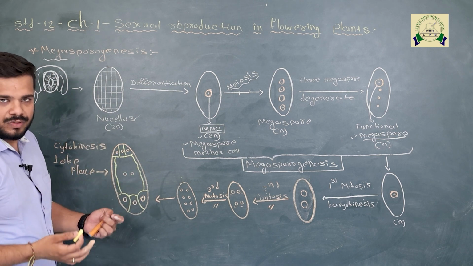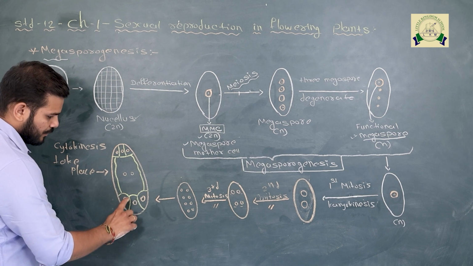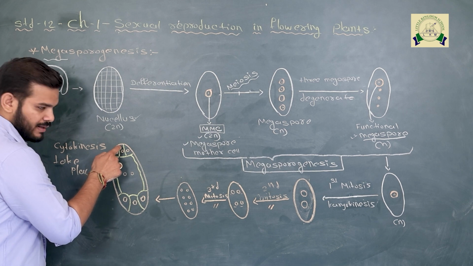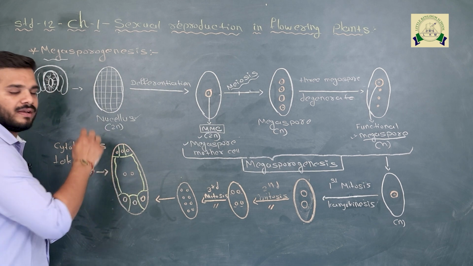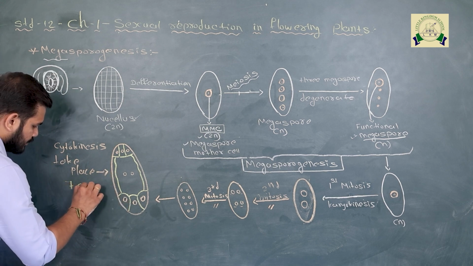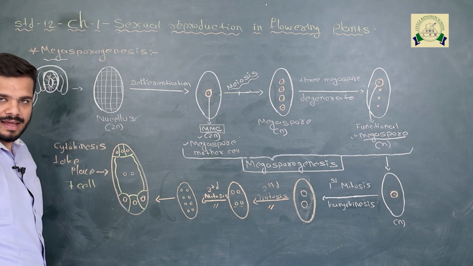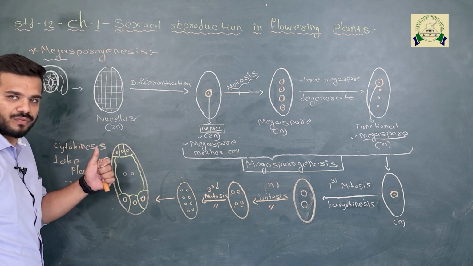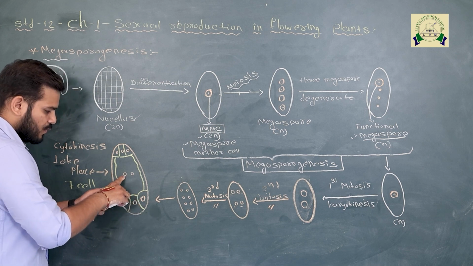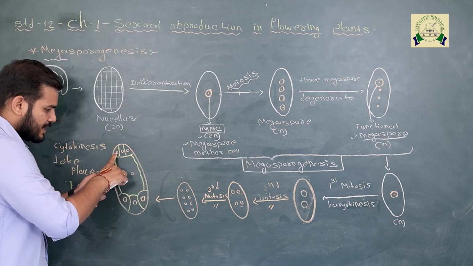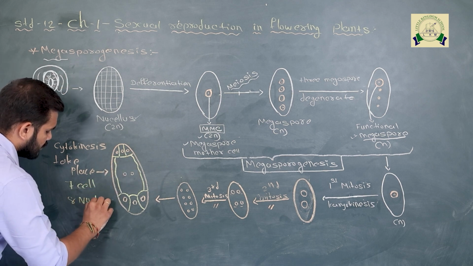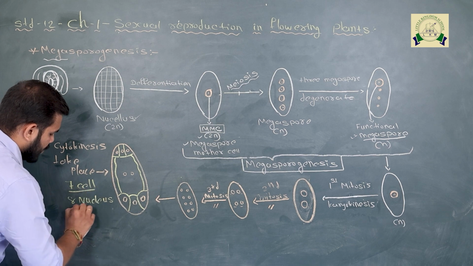So, if you count it carefully, 1, 2, 3, 4, 5, 6 and 7. So we have 7 cells, and now let's count the number of nuclei. 1, 2, 3, 4, 5, 6, 7 and 8. 8 nuclei.